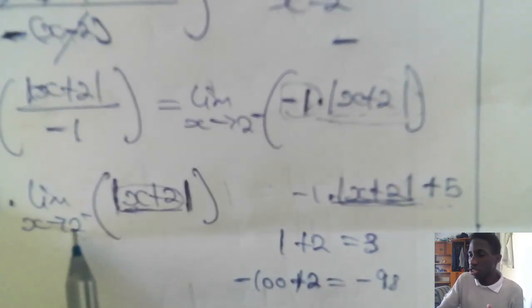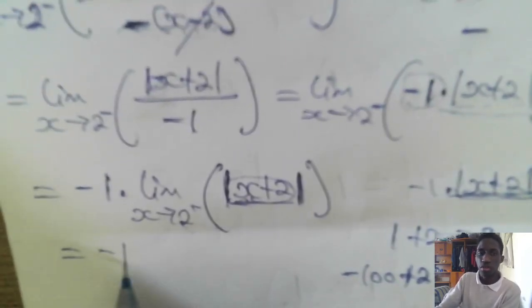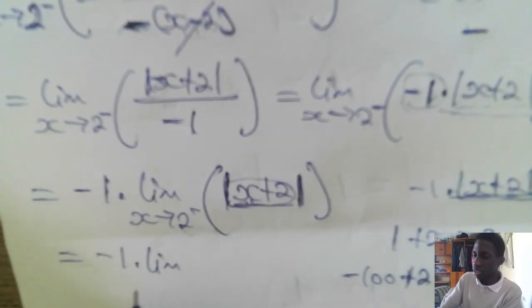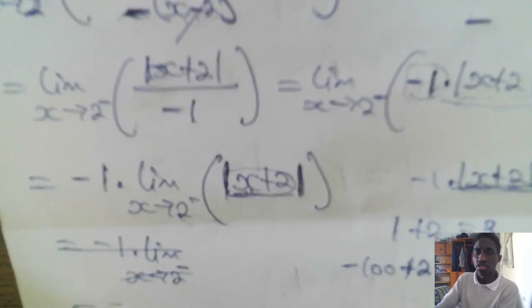So we're going to put in 2 where we have x, just straightforward. Minus 1 multiplied by the limit as x approaches 2 from the left. Sorry, since we're evaluating the limit now, there's no need for that.